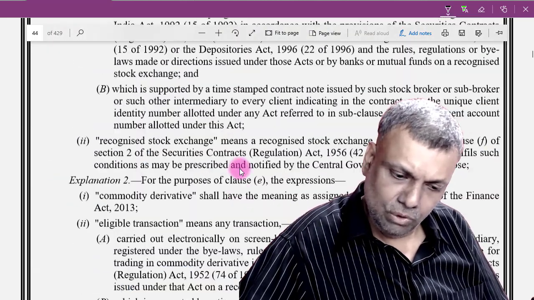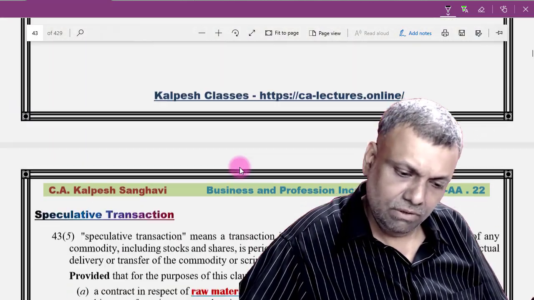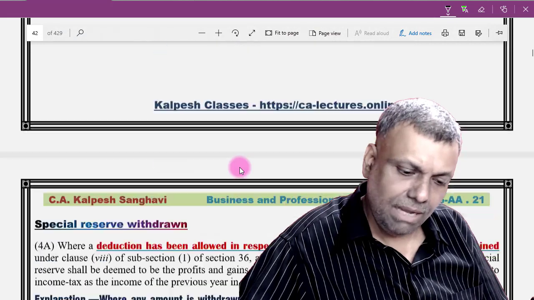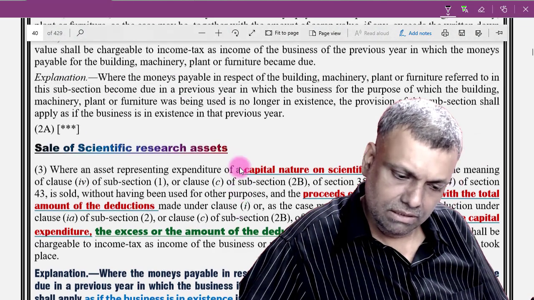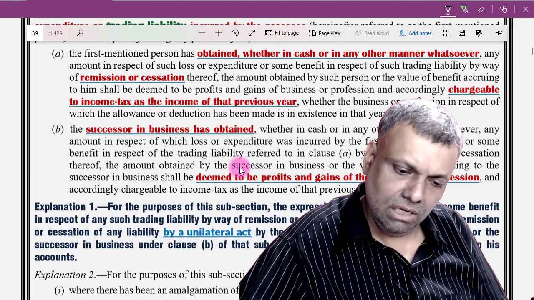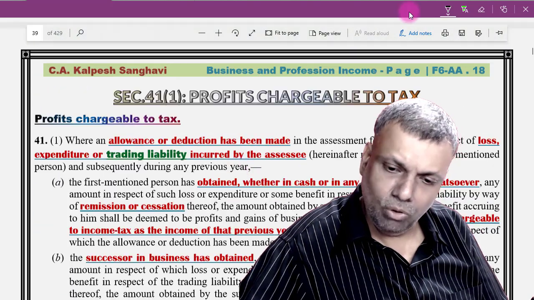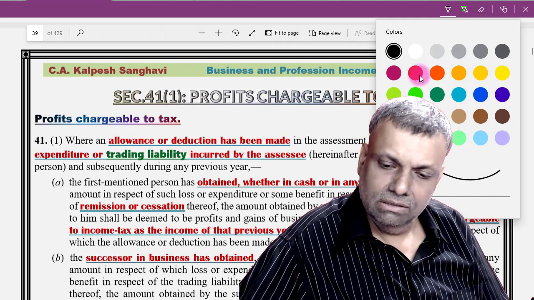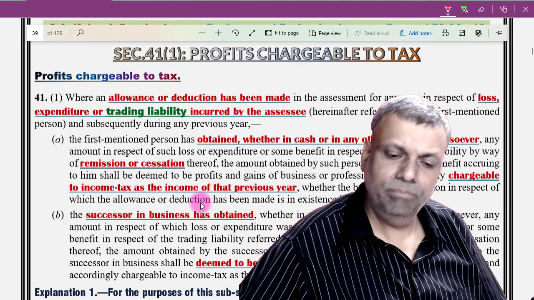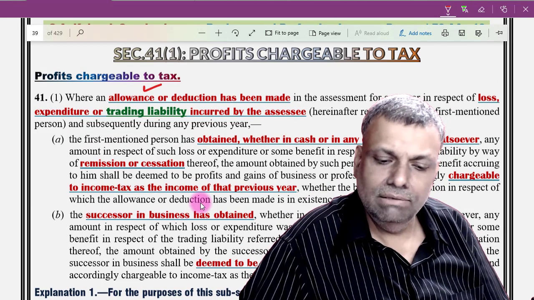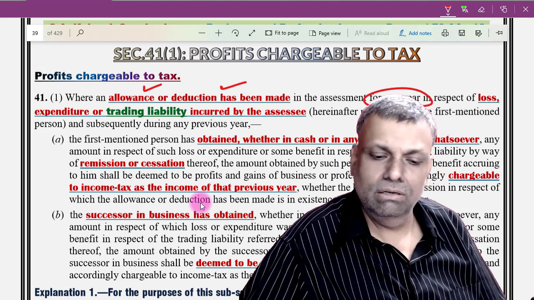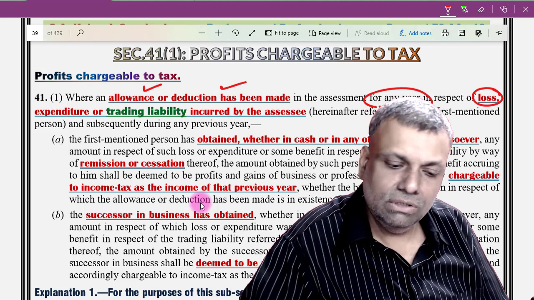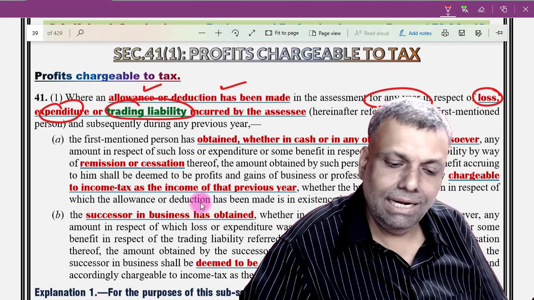Let me show you that particular bare provision first of all. I'm just turning all these bare provisions so that you know these provisions, very basic. See section 41. Where any allowance or deduction has been made for any year in respect of loss, expenditure or a trading liability.